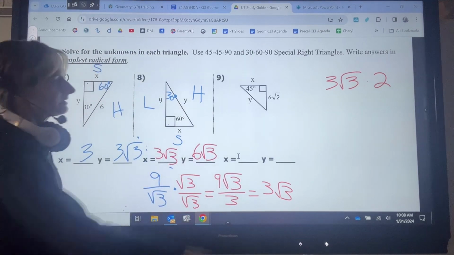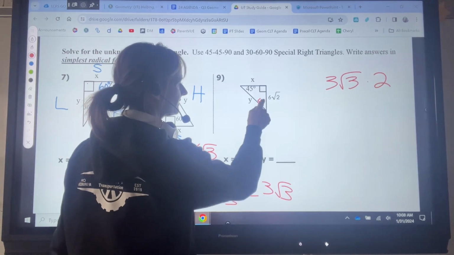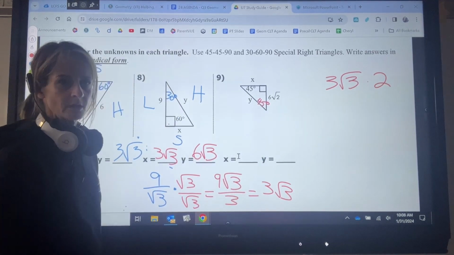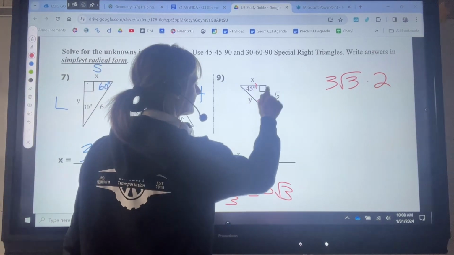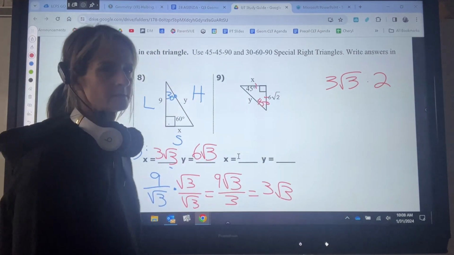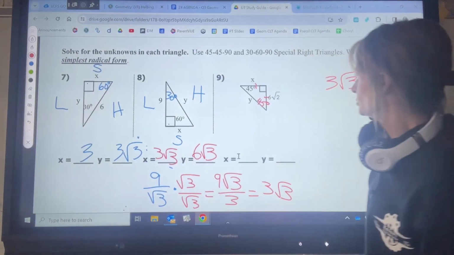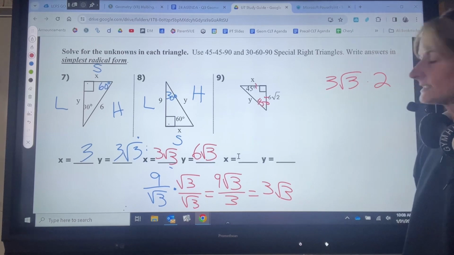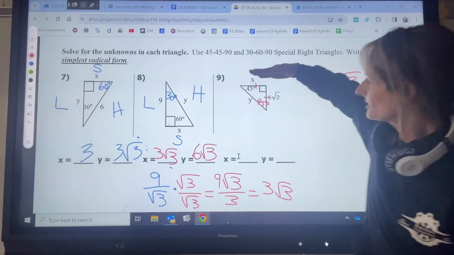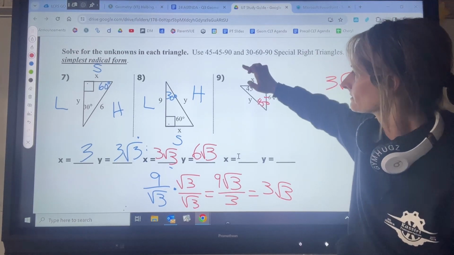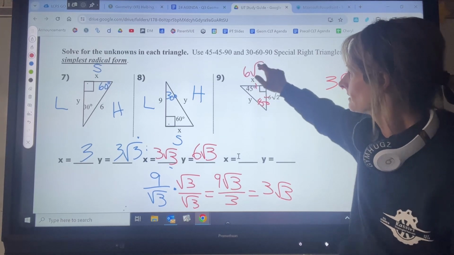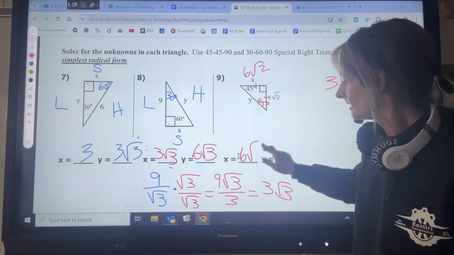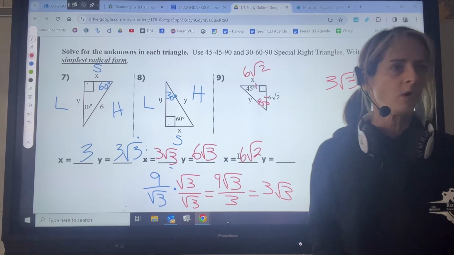Last one, 45, 45, 90 triangle. That makes the lengths of these sides the same. So if the measure of this side is 6 root 2, what's the measure of this side, or our x? Gotta make sure I put that in for x and not y.